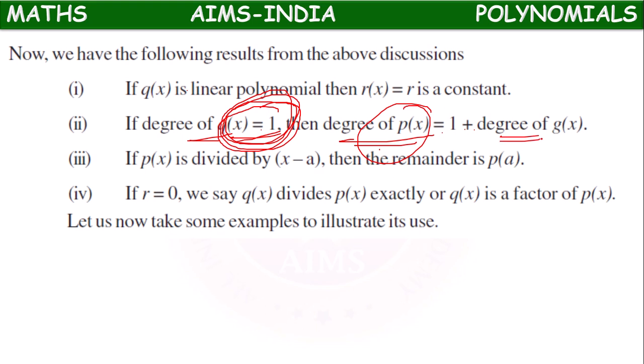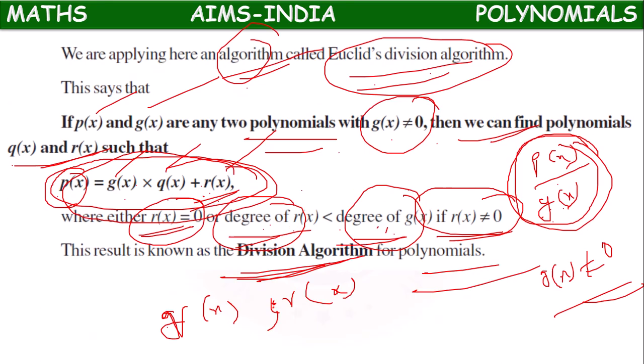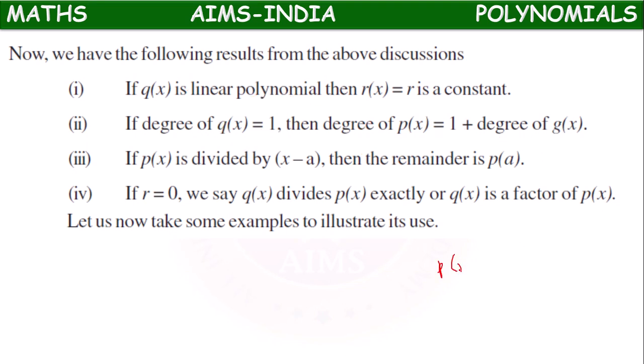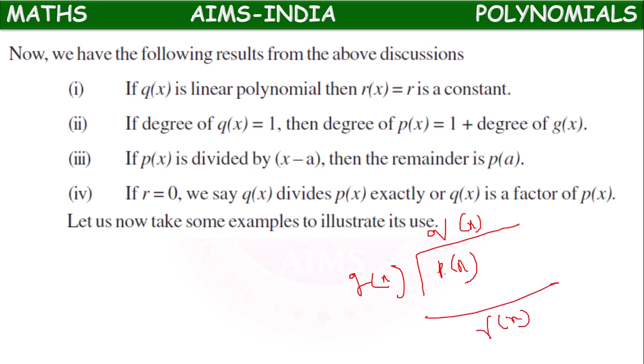So we have the dividend p of x, the divisor g of x, the quotient q of x, and the remainder r of x.